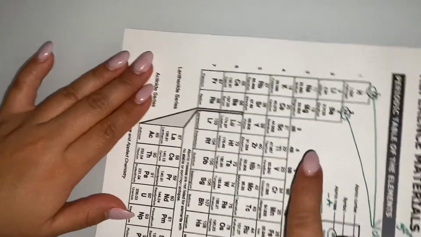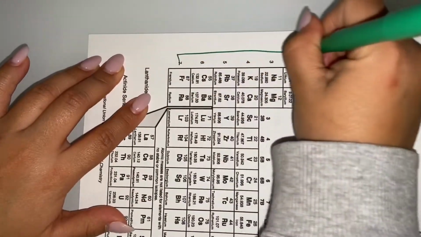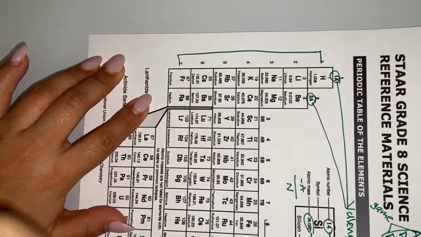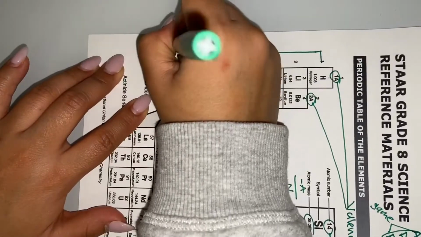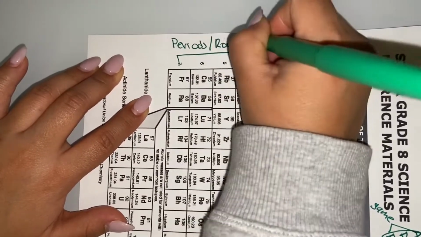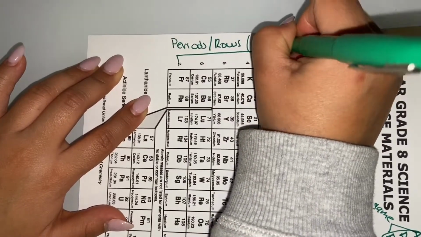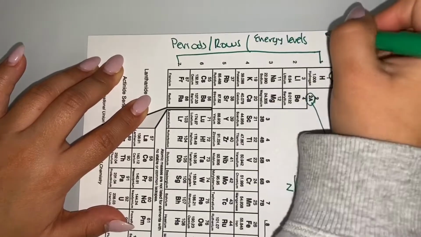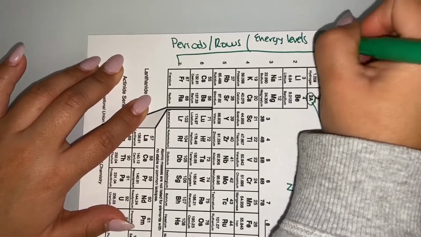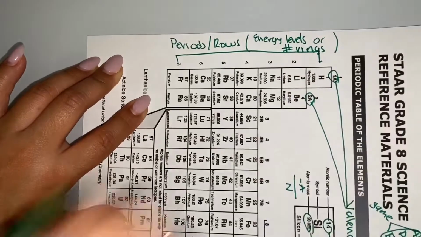All right, then you have these numbers here on the side. You have numbers 1 through 7. These are known as your periods/rows. And these are going to tell you something different. These are going to tell you the energy levels or the number of rings that you find in your atomic structure.